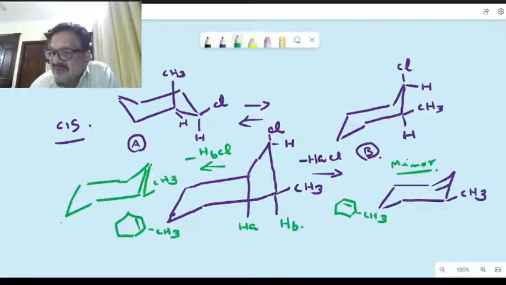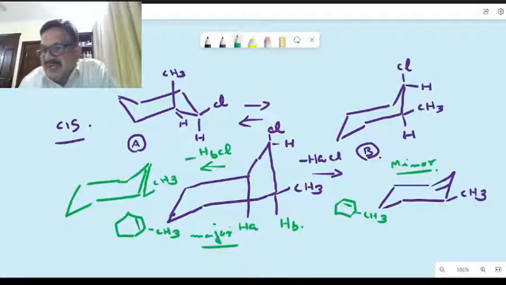This tri-substituted alkene is the major product. The other one is the minor product.